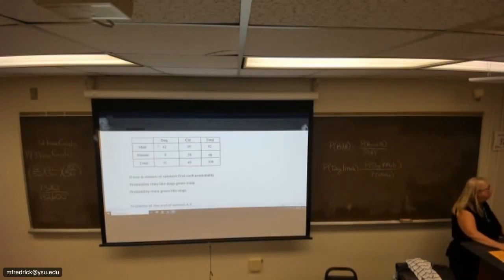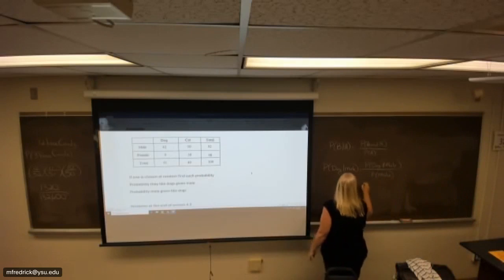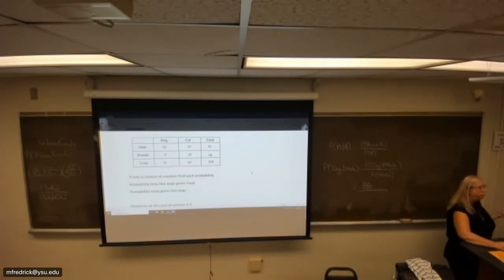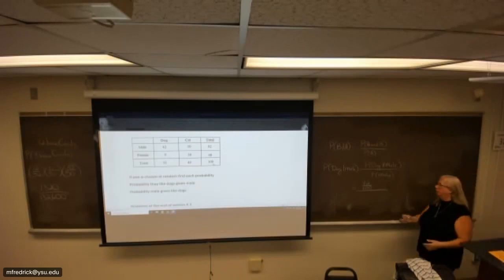So the probability it's a dog and male is 42 out of the 100, because there's 42 male that chose dog. So male and dog would be 42 out of 100. The probability male, there's 52 out of 100.